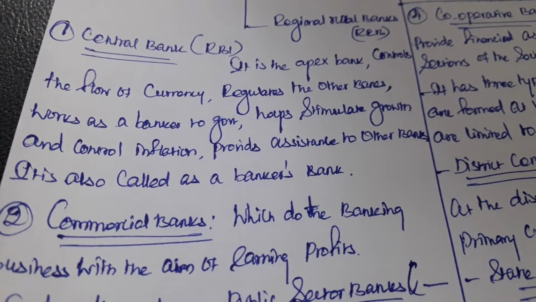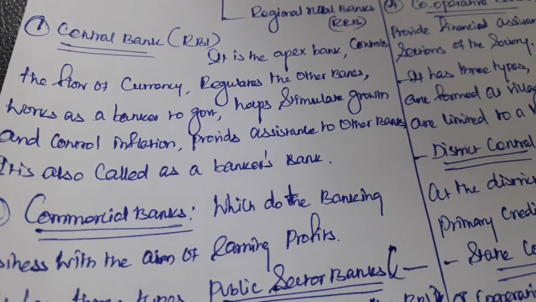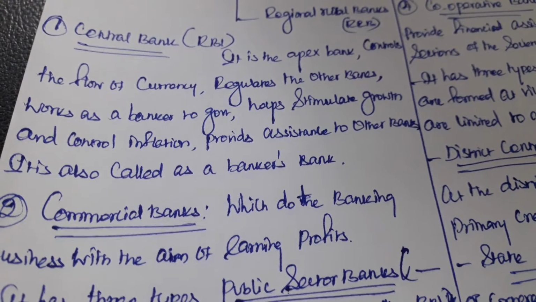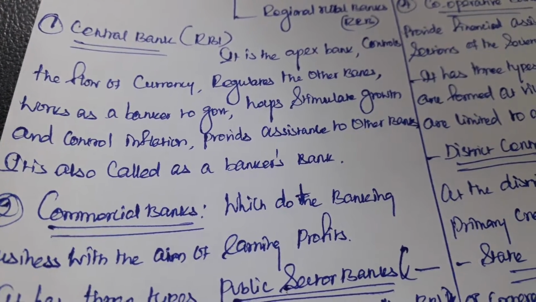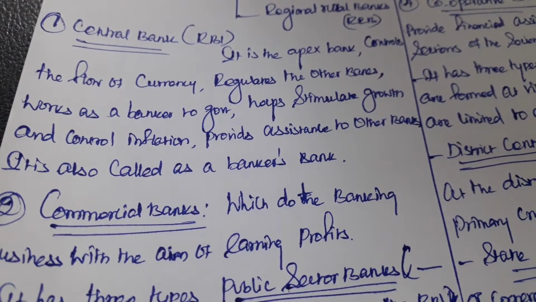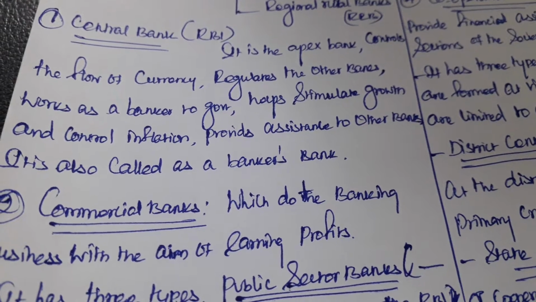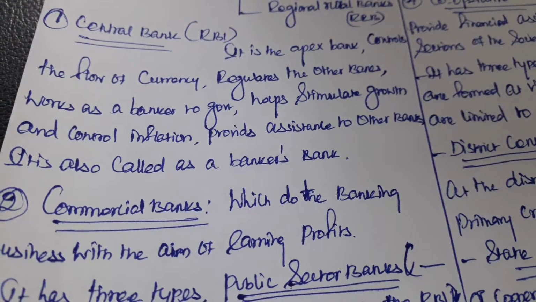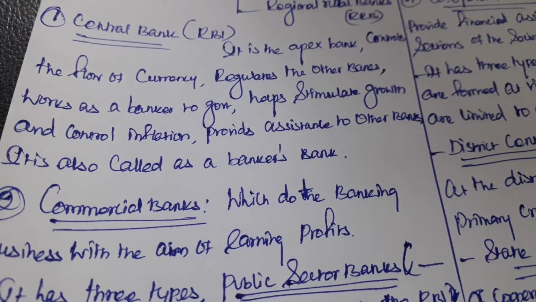It's also called a banker's bank. Why is it so? Its functions are relevant to banks, which means banks get financial assistance from RBI. That's why it's called a banker's bank.